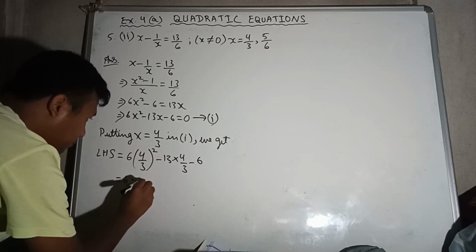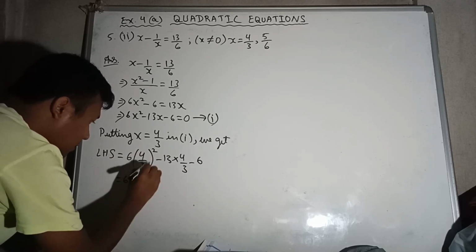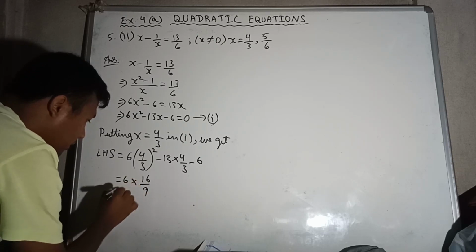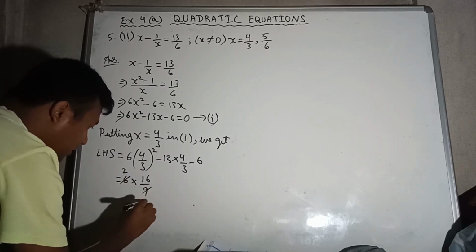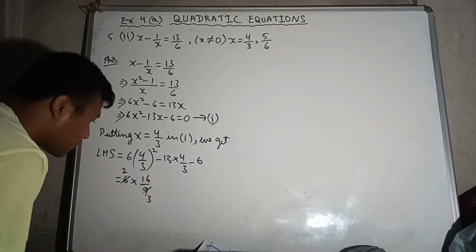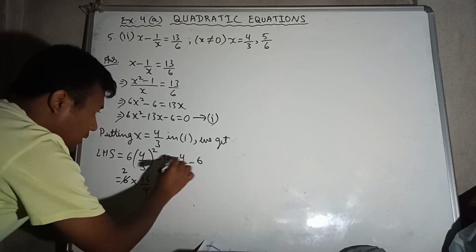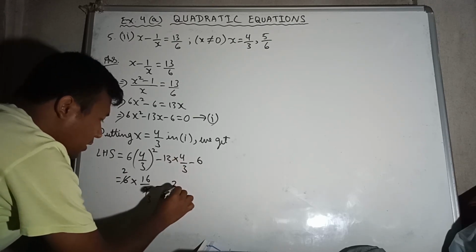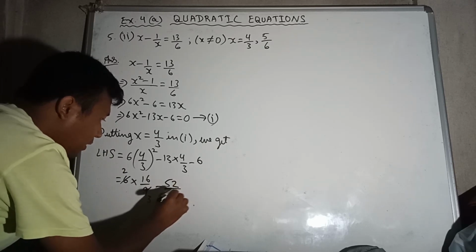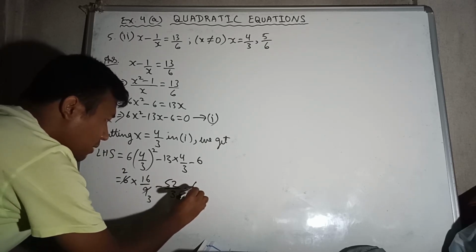4 square is 16, 3 square is 9. Then cancel: 3 times 2 is 6, 3 times 3 is 9, so this becomes 2 times 16 over 3, minus 52 by 3, minus 6.